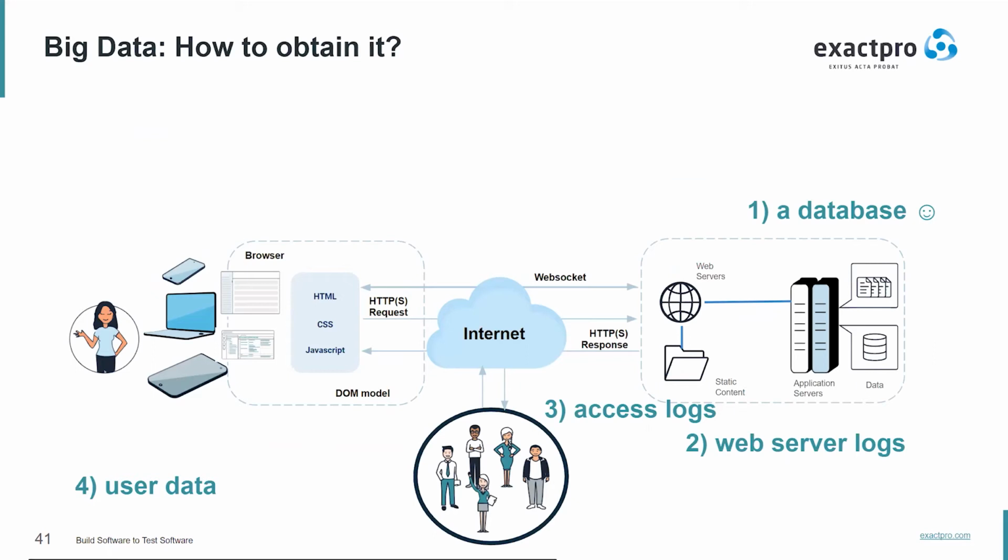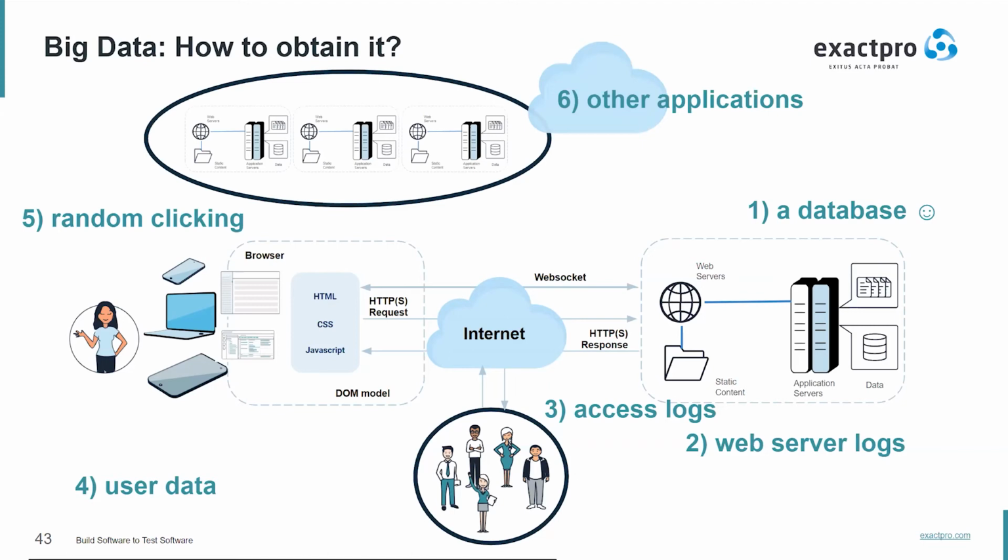It can be obtained from user data. Quite an interesting way to do it is by randomly clicking through the web applications. And the last way to obtain big data for our testing is to use other applications. Why? Because we can find similar elements in them, and we can train our model on this big data.